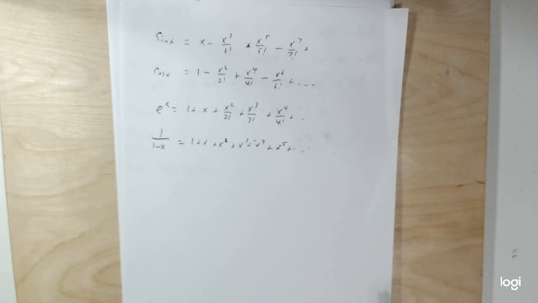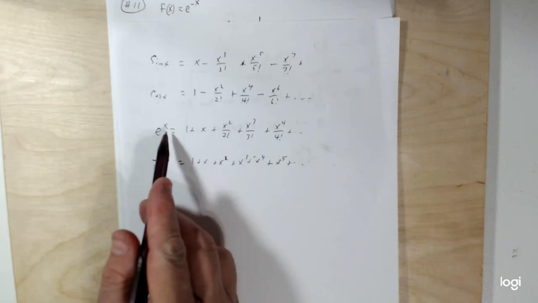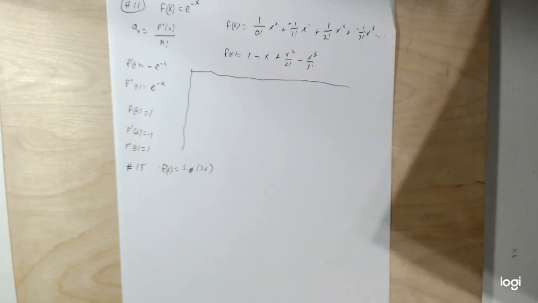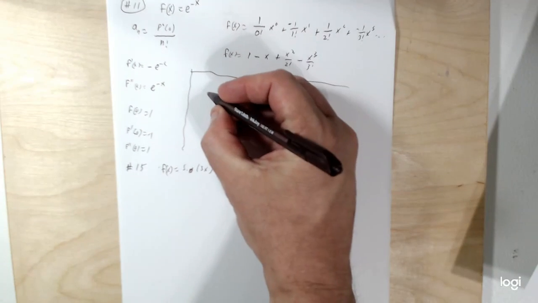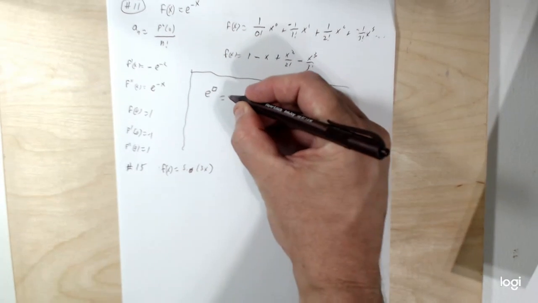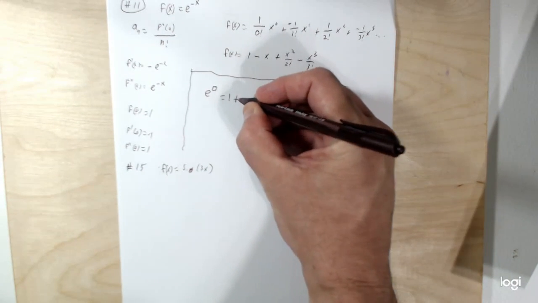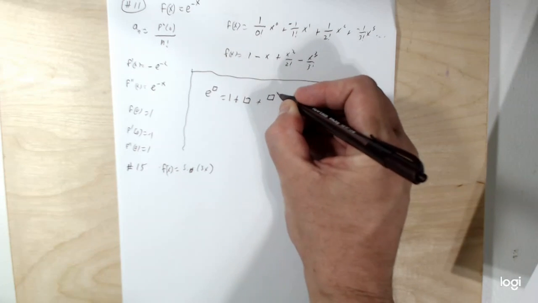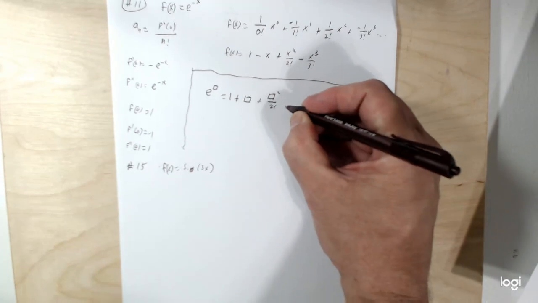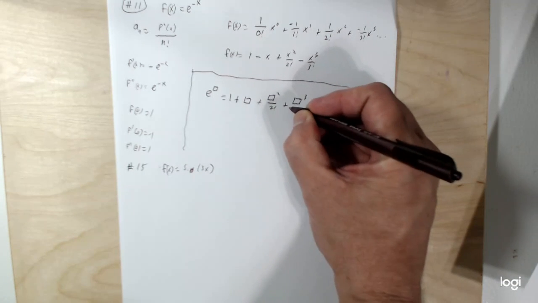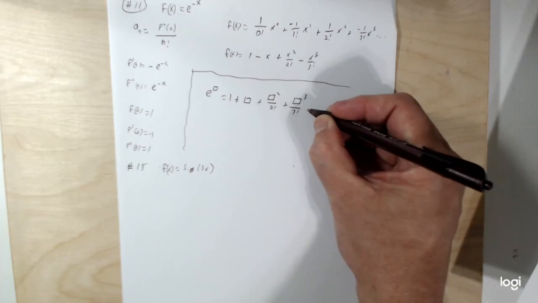The nice thing is you can do substitutions in these. So if I took the e to the x one and replace the x with opposite of x, so the way I think of it is the box. I think e to the box is going to be 1 plus box plus the box squared over 2 factorial plus box cubed over 3 factorial, and so on.